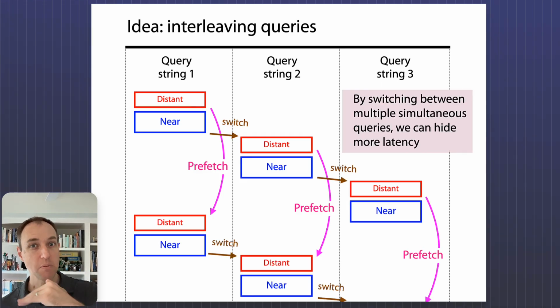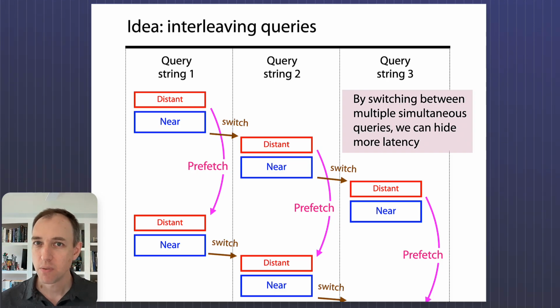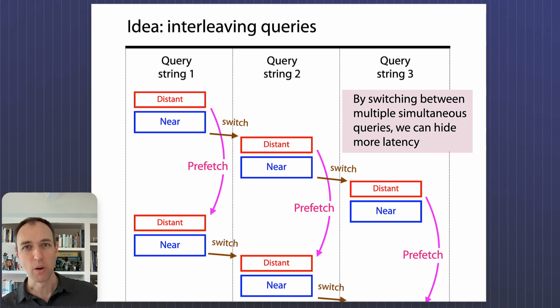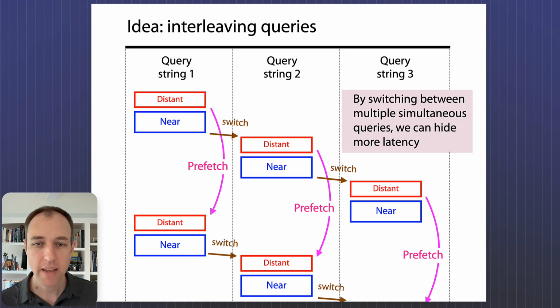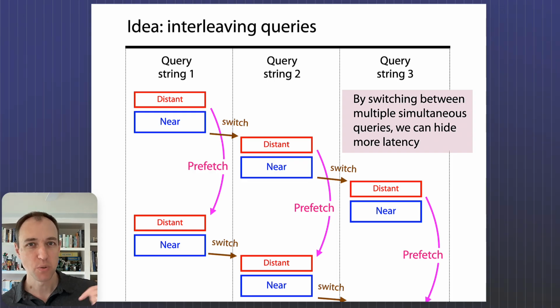If we just keep switching between the queries, then our hope is, if we design this right, where we pick the right number of queries, for example, and we hopefully have a pretty good idea of how long this pause is due to the cache miss, then frequently when we switch to a new query, that query's prefetched memory is already available.